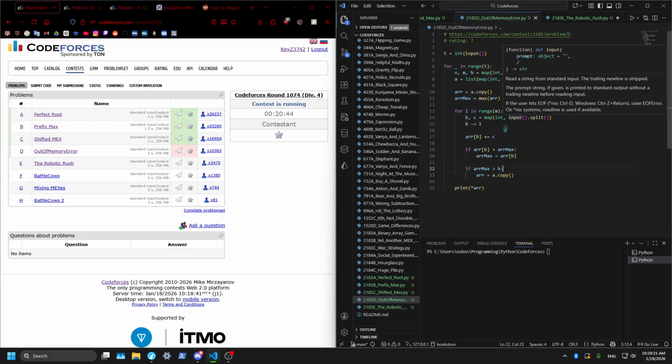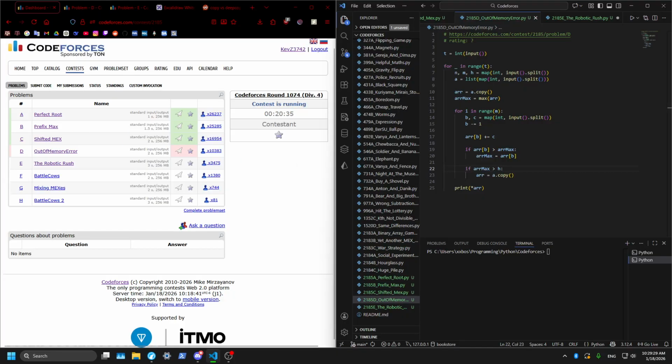So now it's O of N plus M, where N is the length of the array, and M is the number of operations.